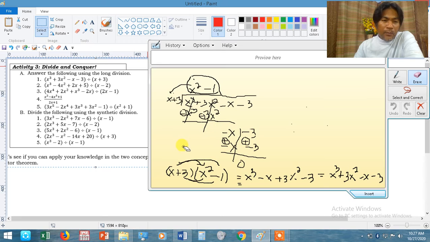Like for example, letter B number 2. It is a cube, 2x cubed plus 5x. So there is no x squared, so you need to add 0.